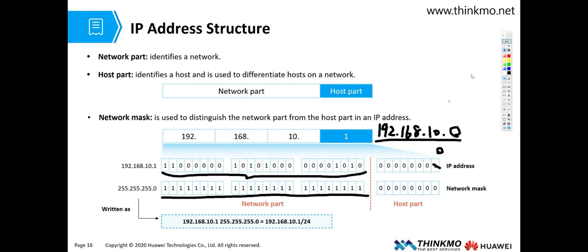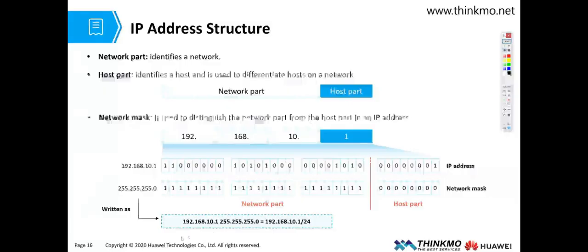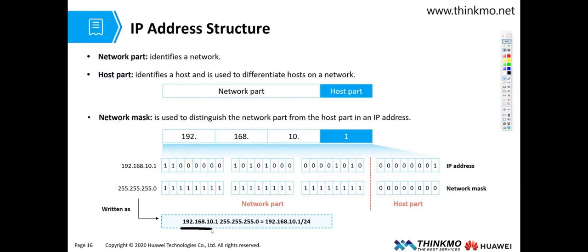If I want to mention this address and its subnet mask, how should I say it? We can say 192.168.10.1 with a subnet mask of 255.255.255.0. Writing it like this is too cumbersome. So we can say 192.168.10.1/24, which is the so-called 24-bit subnet. You can understand it this way: 24 indicates how many ones there are, which is the slash number.